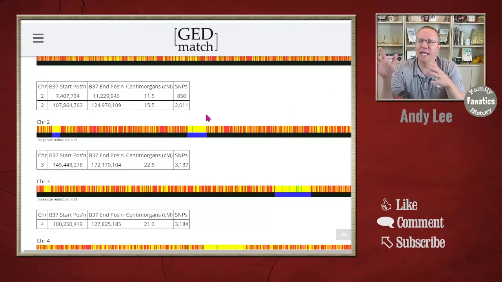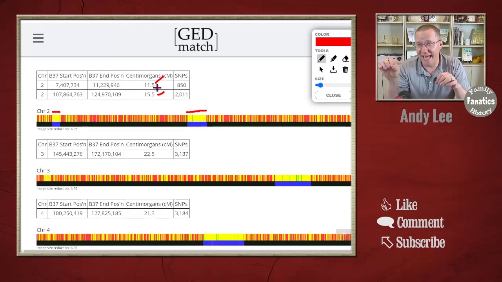Another thing when looking at these results is that these segments visually might look long or might look short. In this case, the length of the blue bars by itself visually doesn't matter. What really matters is, from this table here, what the centimorgan length is. For a lot of the matches that you're going to be looking for, it's going to be starting at 20 centimorgans or so, or even more for that one segment.